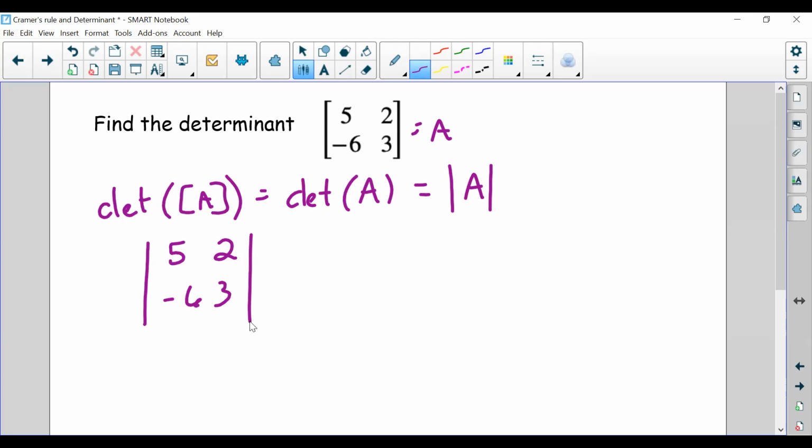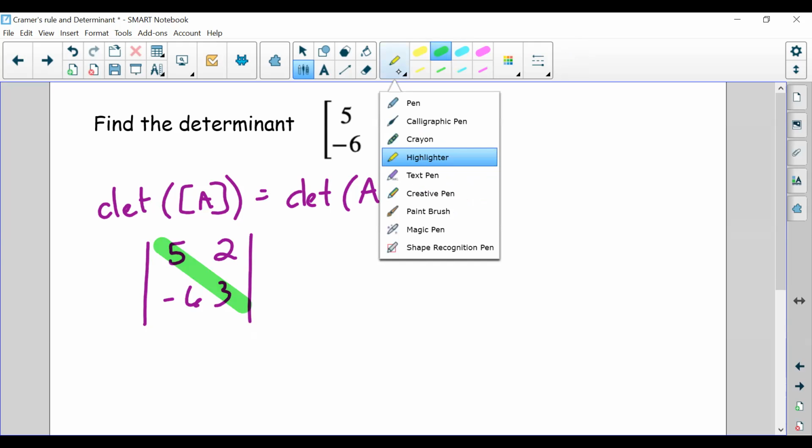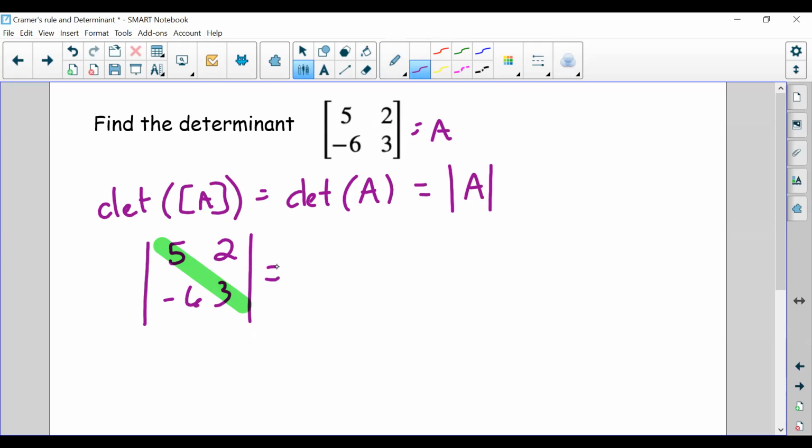To find the determinant, you're going to do diagonal down minus diagonal up. I'm going to take this diagonal here and find the product of that diagonal, multiplying everything on the diagonal together. So my term is going to be 5 times 3.